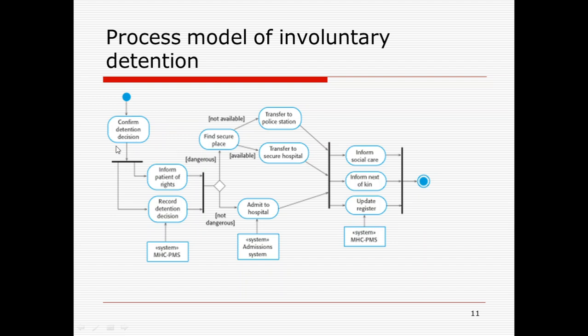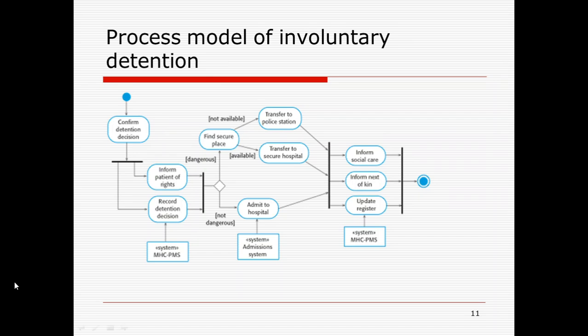So the first activity on the part of the doctor may be to confirm the detention decision. Once the detention decision is confirmed, it informs patients of their rights in the detention, and also records the detention decision. And that comes from the system.